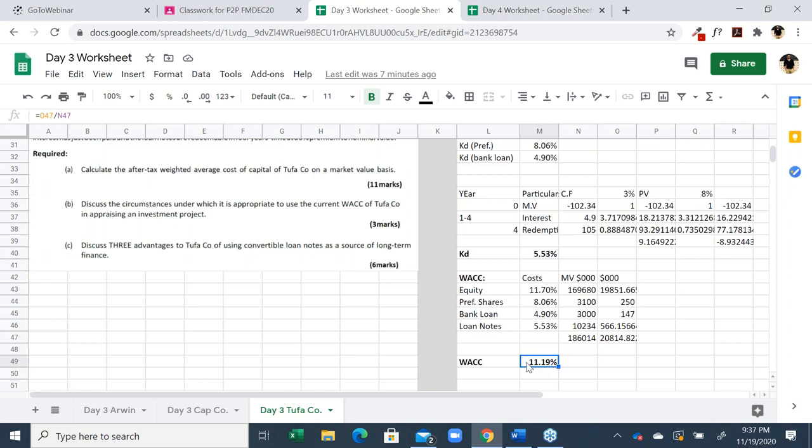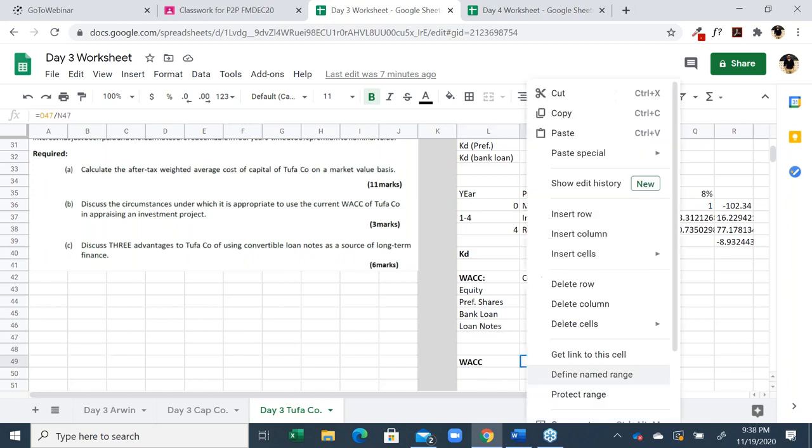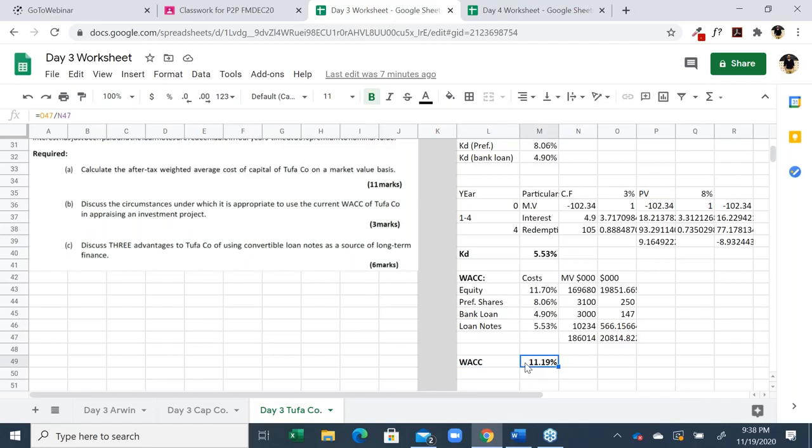Right? But if we still want to use the same WACC, what should we be assuming? What should our assumption be if we want to use the same WACC in this case?